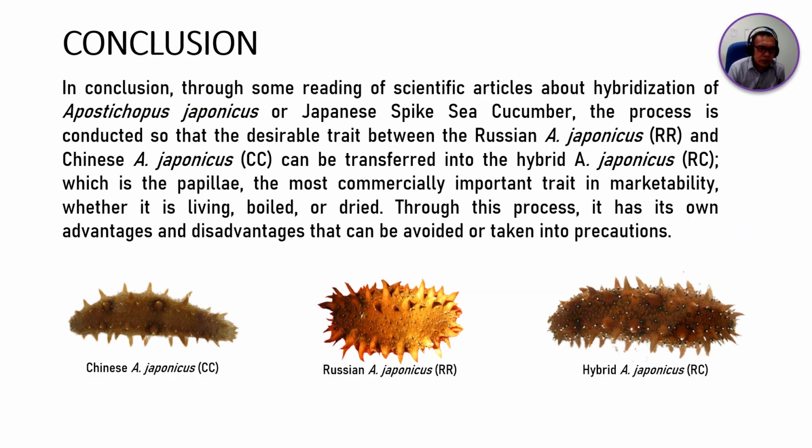In conclusion, through some reading of scientific articles about hybridization of Apostichopus japonicus, the process is conducted so that the desirable traits between the Russian A. japonicus and China's A. japonicus can be transferred into the hybrid A. japonicus RC, which has the papillae, the most commercially important trait in marketability, whether it is living, boiled, or dried.